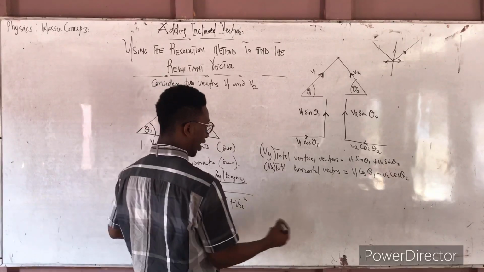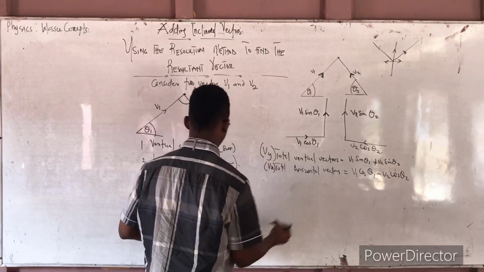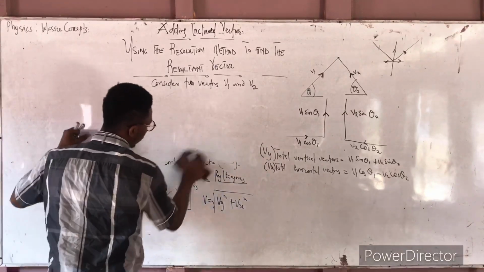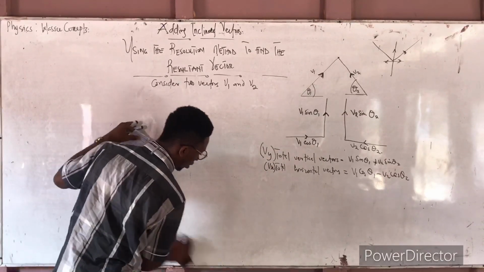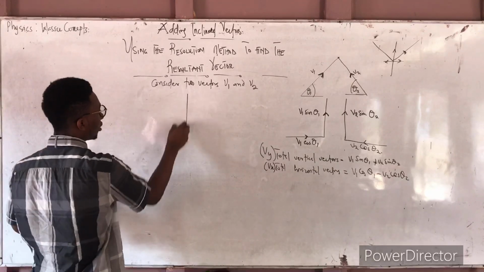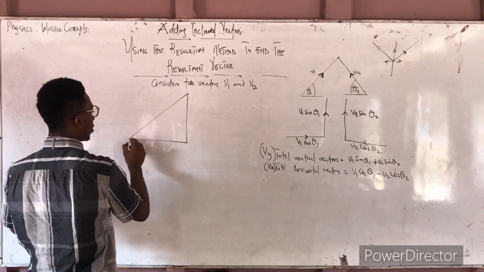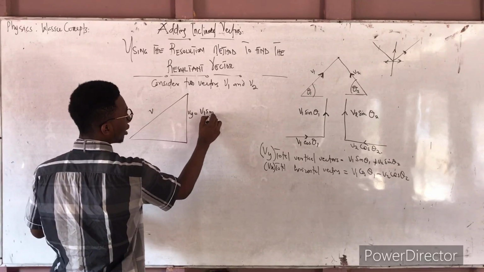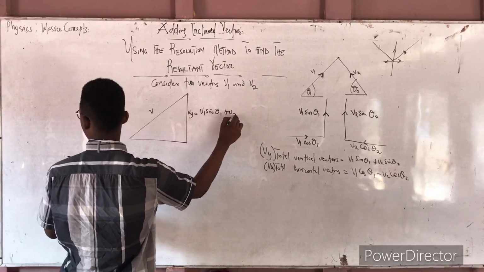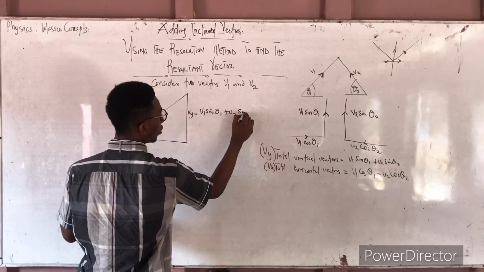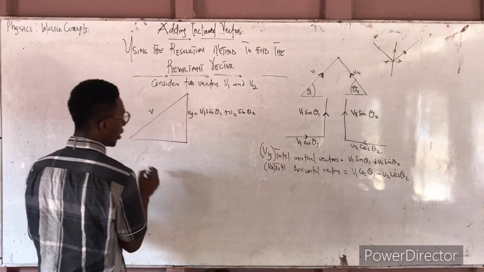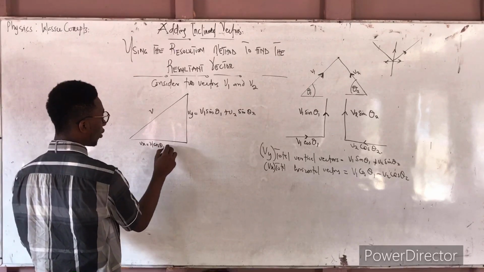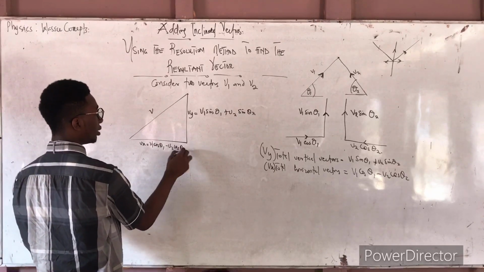So now we can easily find the resultant vector. After the resolution, we are getting our vy equal to v1 sine theta 1 plus v2 sine theta 2, and our vx is equal to v1 cos theta 1 minus v2 cos theta 2.